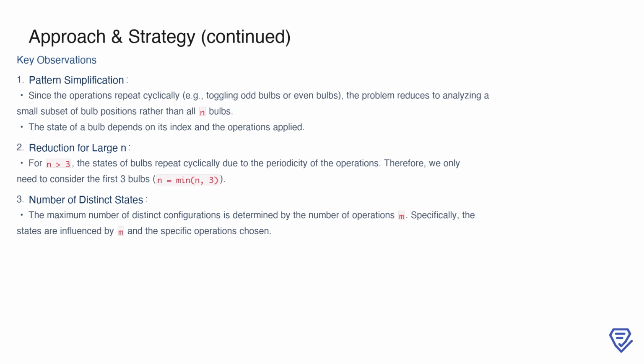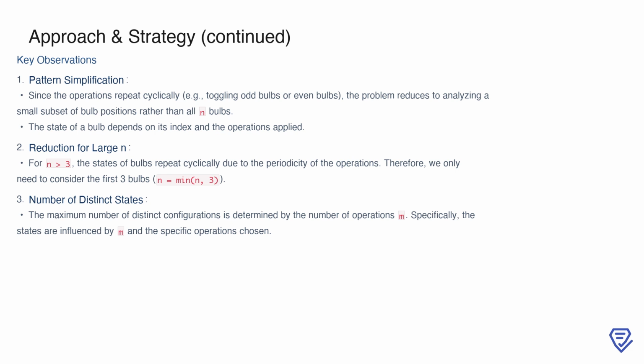First, the operations exhibit a cyclic pattern because they toggle subsets of bulbs based on their positions. This means that instead of analyzing all n bulbs, we can reduce the problem to only a small subset of positions. For larger values of n, specifically when n is greater than 3, the behavior of the bulbs becomes repetitive due to the periodicity of the operations.